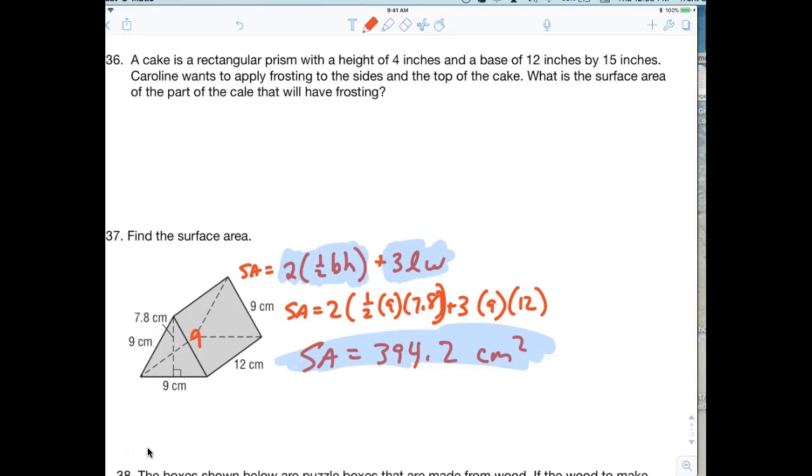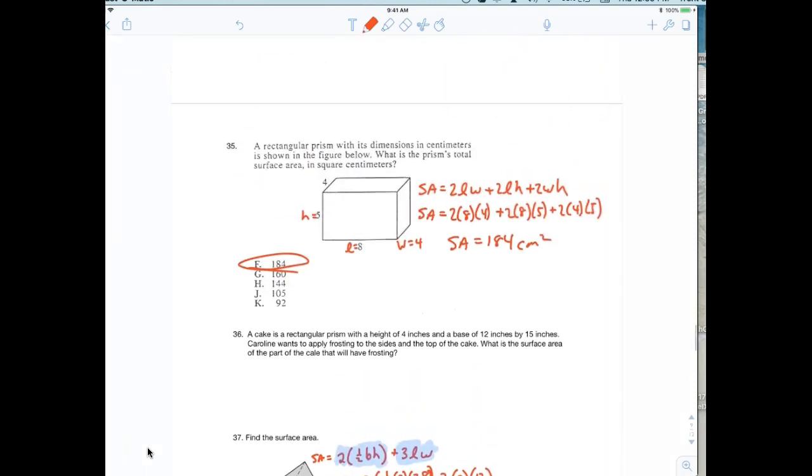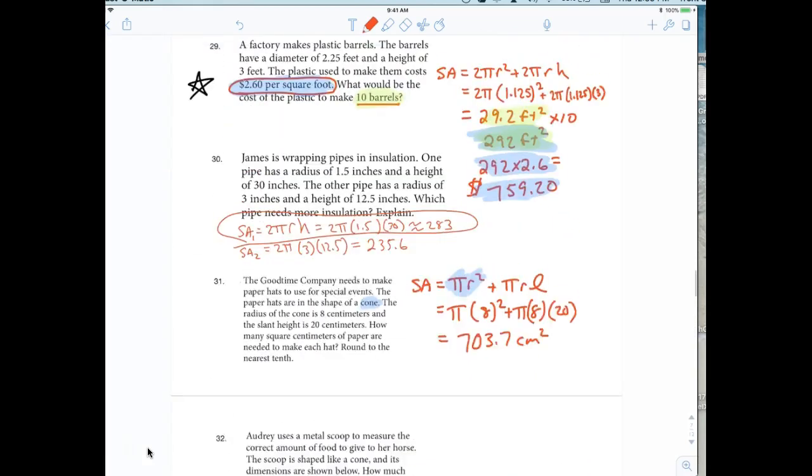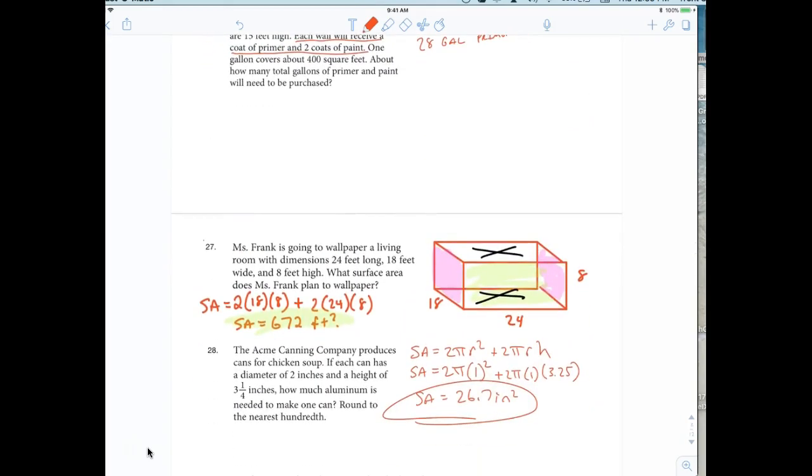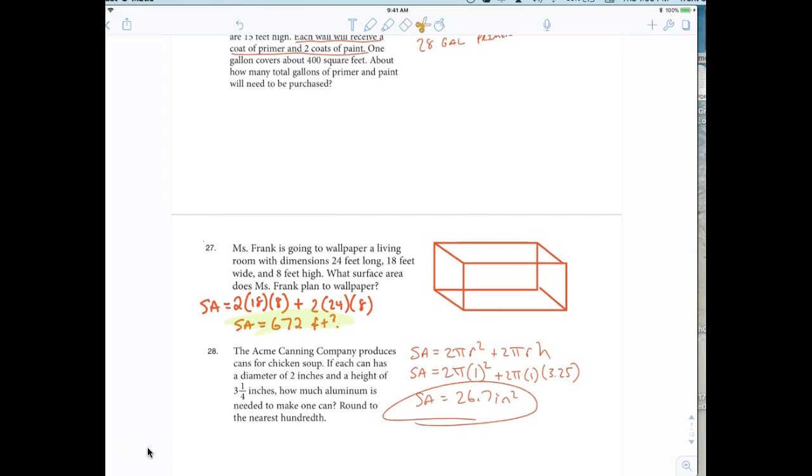So if we were doing a rectangular prism, all right, let me see something real quick. Actually, hold on one second. Now, it's a rectangular prism, right? Yes. Right, so here we go.